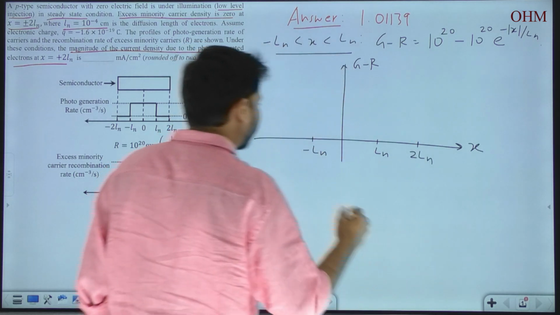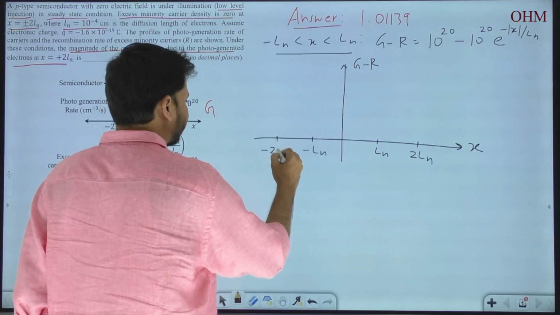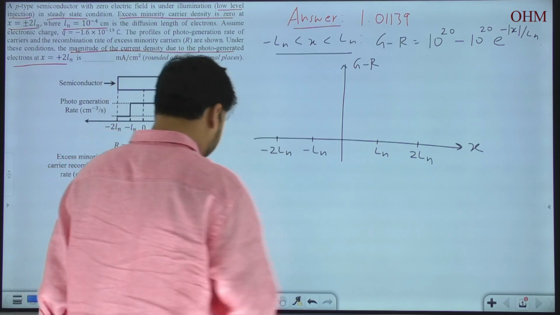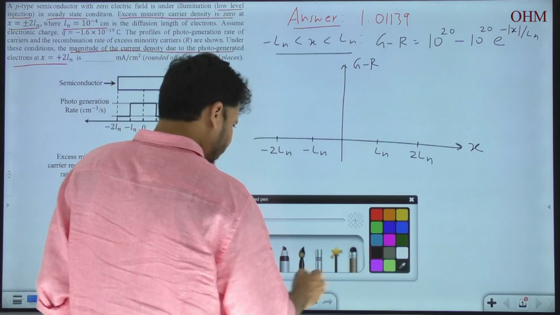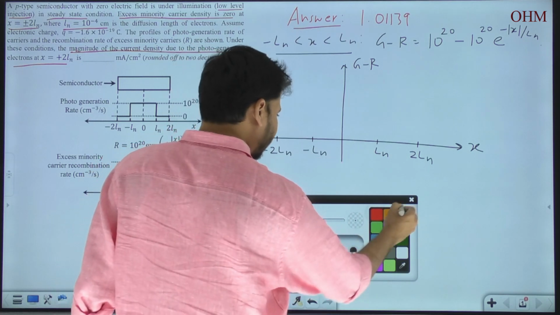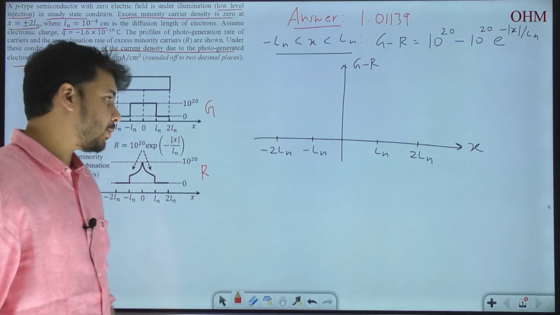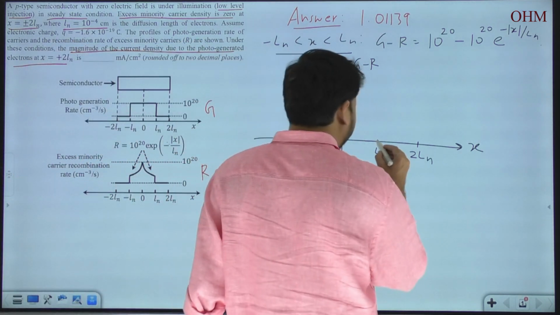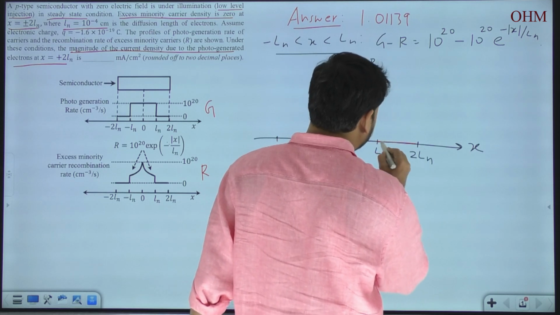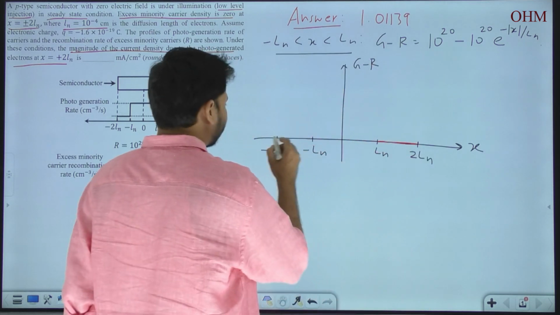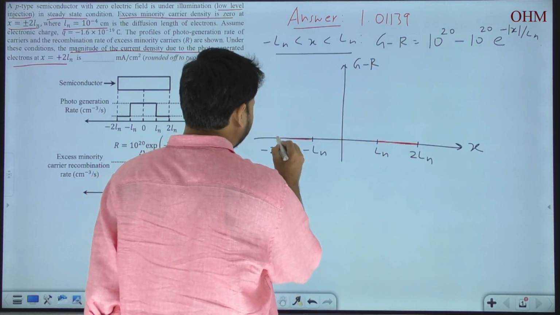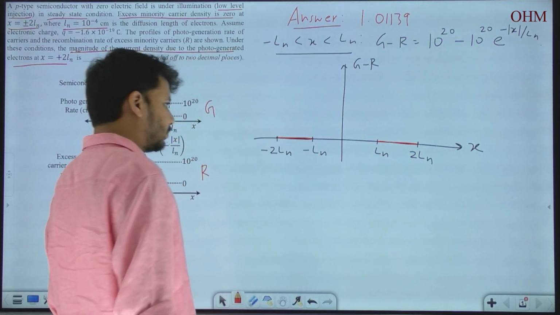This is 2ln. This would be minus 2ln. So outside this middle region, because both G and R are equal to 0, even G minus R would be equal to 0. This is also 0.